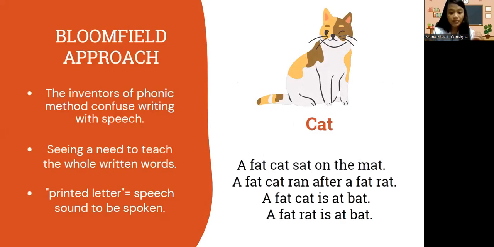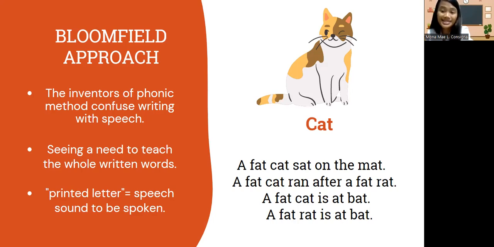The Bloomfield approach was concerned with the notion of contrast, seeing the need to teach whole written words such as can, van, and fun. So the inventors of the phonic method confused writing with speech. Bloomfield believed that we need to let the students read the words as a whole.